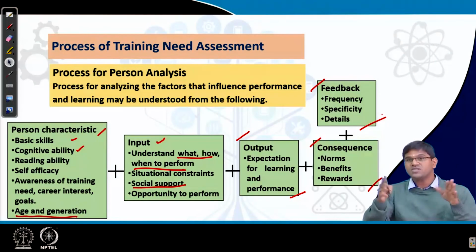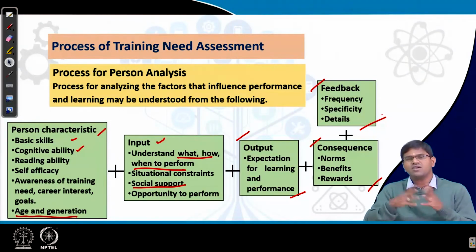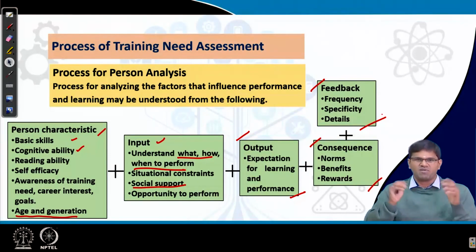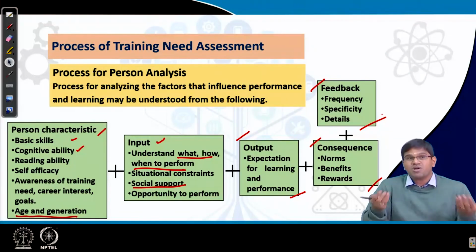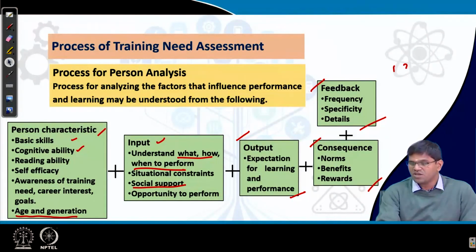So the frequency and specificity of the feedback matter, rather than just saying you are not performing well. Let's say some employee has a performance deficiency. You call the employee and say you are not performing well. What does that employee understand? Where is he or she not performing? Maybe there is a set of tasks, 1, 2, 3, 4, 5.